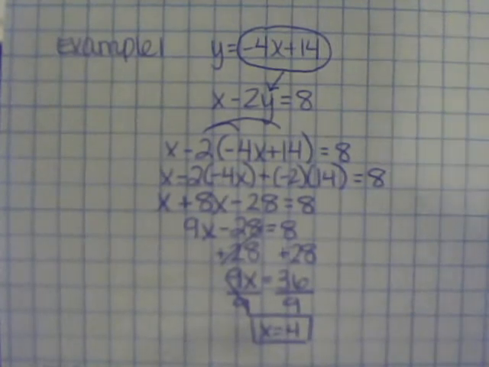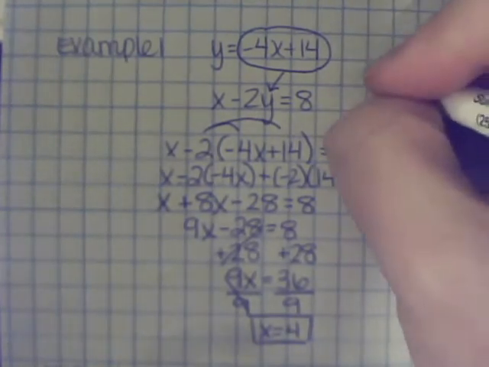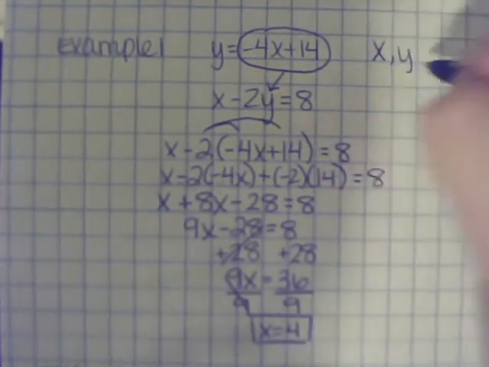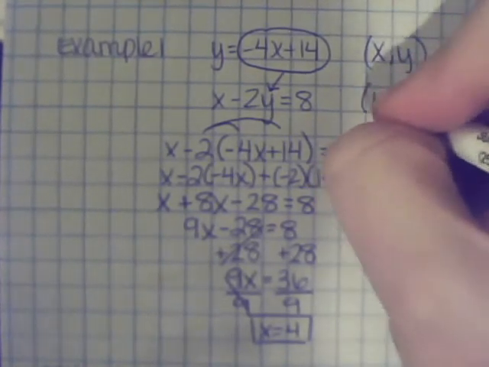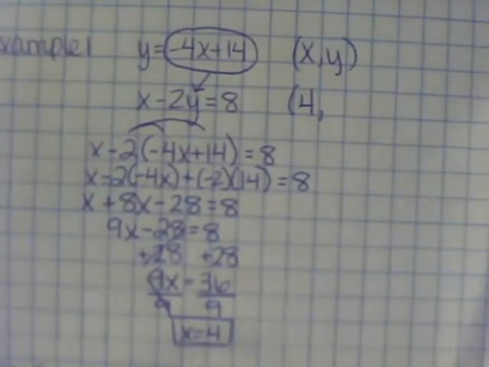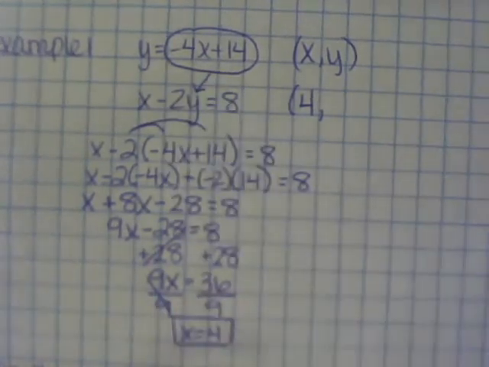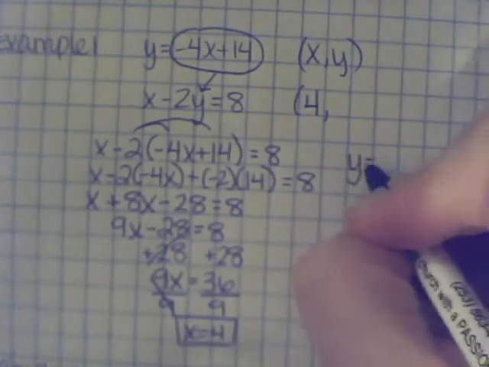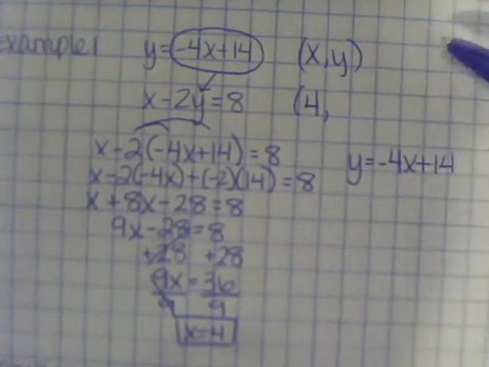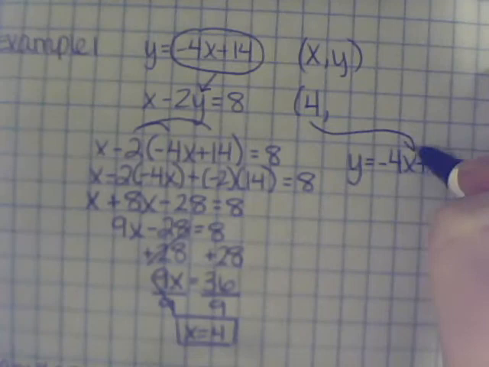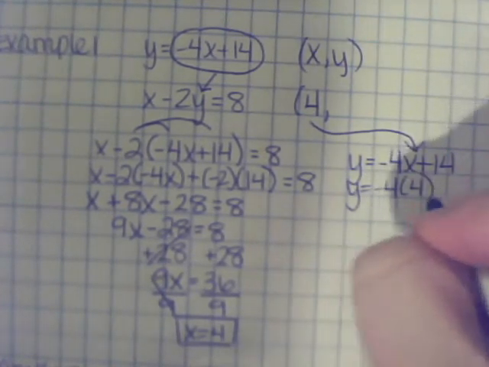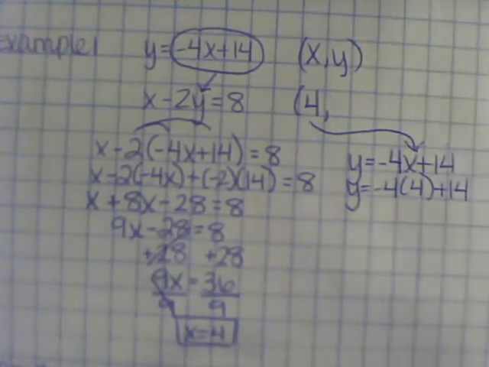Now, am I done with the equation? No. When I solve a system, I'm looking for a coordinate for my answer. That means an x comma y. I found the x, which is 4, but now I need to figure out what the y equals. Well, if you look back up at the equation, we know that y equals negative 4x plus 14. Well, if x is 4, then we can plug in a 4 where the x goes to solve for y.